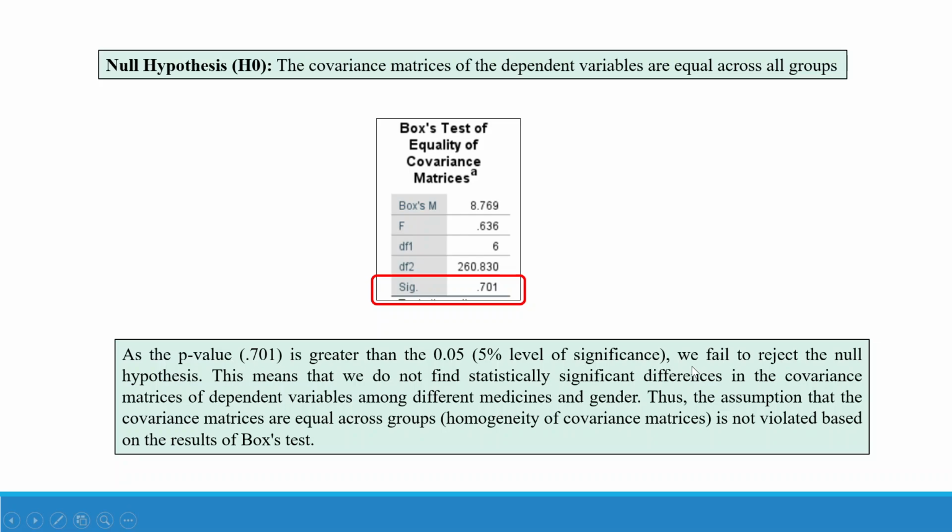Normally we write we fail to reject only. This means that we do not find a statistically significant difference in the covariance matrices of the dependent variables. This is desirable among different medicines and gender. Thus, the assumption that the covariance matrices are equal across groups, that is, the homogeneity of the covariance matrices, is not violated based on the result of the Box test.